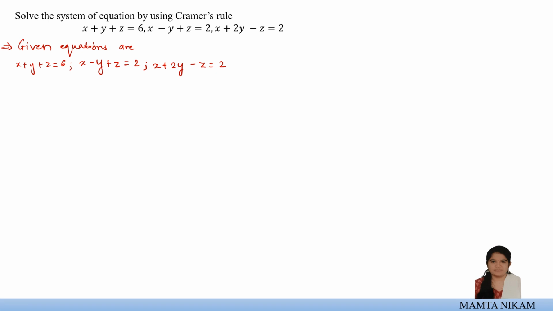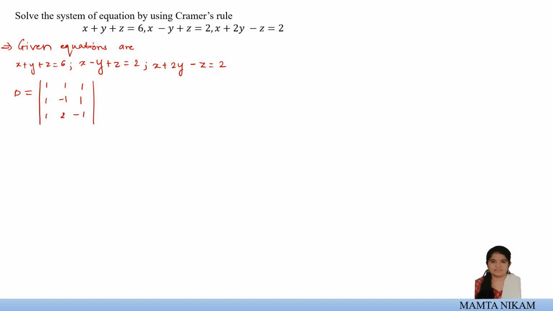So what is D? D is a determinant formed from the coefficients of x, y, z respectively. तो first row या फिर first equation के coefficients क्या है x, y, z के 1, 1, 1. That will be first row. Second row that is from second equation, that is 1, minus 1, 1. And third row will be from the values from third equation, that is 1, 2, minus 1.